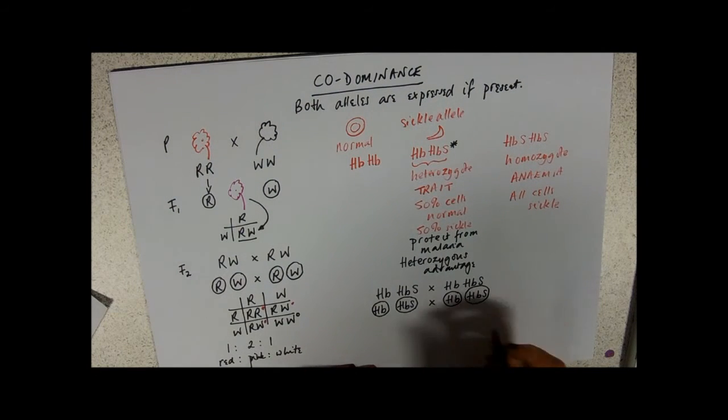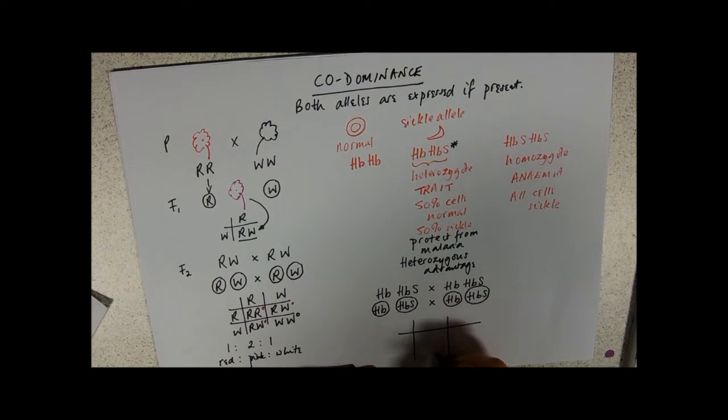And I think you can probably predict already what's going to happen when I stick those into my Punnett square. So every time two heterozygotes have a child, there's one that has normal hemoglobin, there's one that has sickle cell trait, this one has sickle cell trait, and this one has sickle cell anemia.